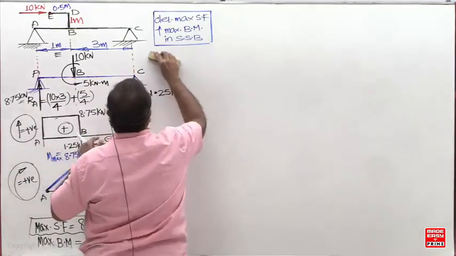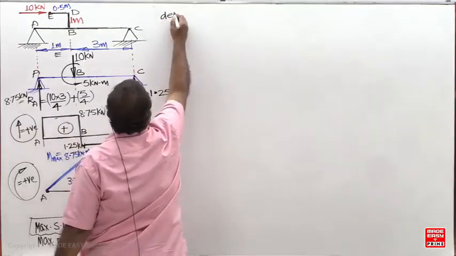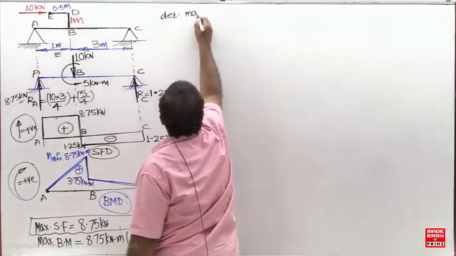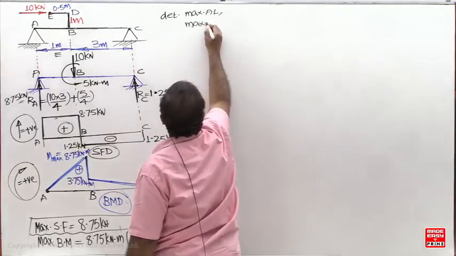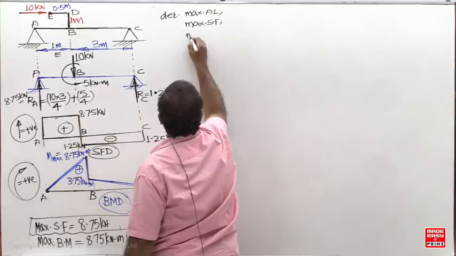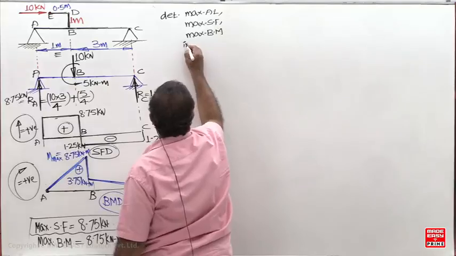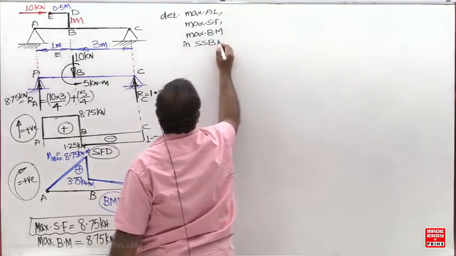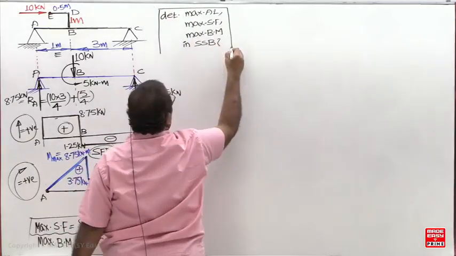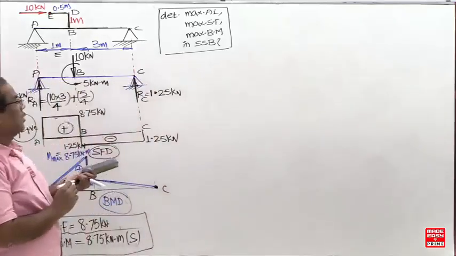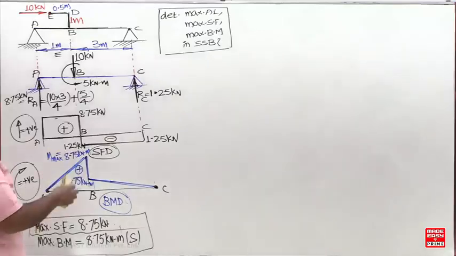Once again, for the simply supported beam as shown in the figure, find the maximum axial load, maximum shear force, and maximum bend moment.